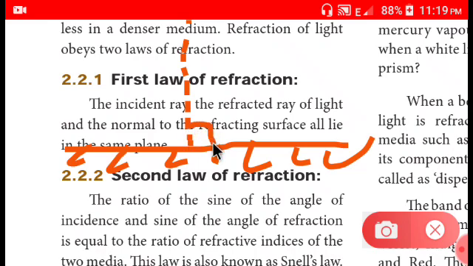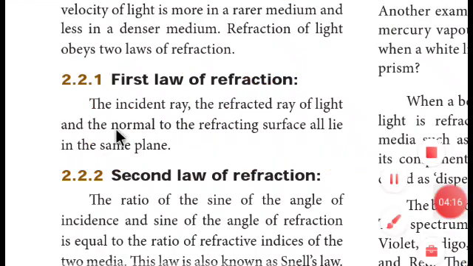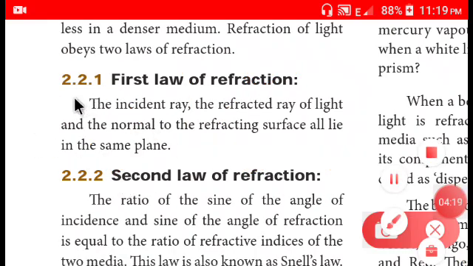Normal is always perpendicular to the plane of the reflecting or refracting surface, and this is going to be the incident ray, and this will be the reflected ray. If you see this incident ray, this normal, and this reflected ray, all three lie in the same plane, and this is called the first law of reflection.